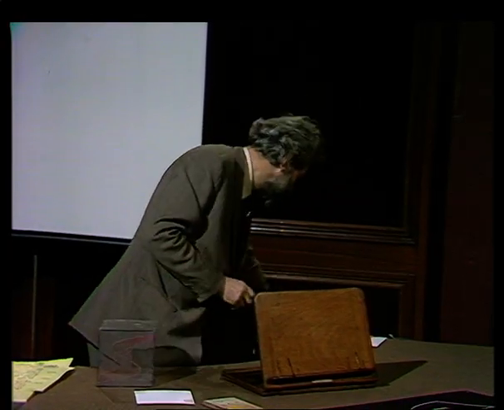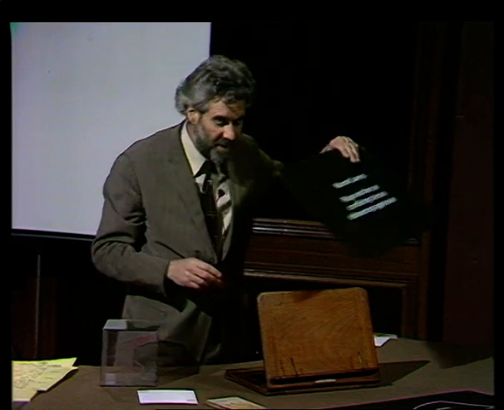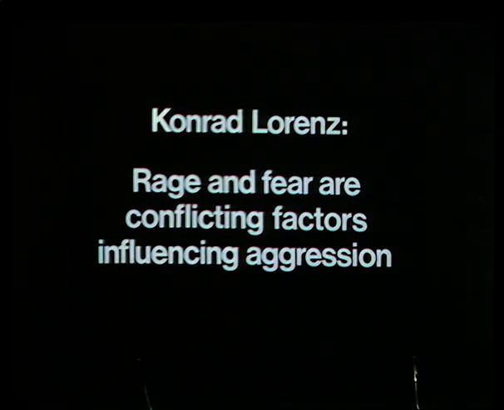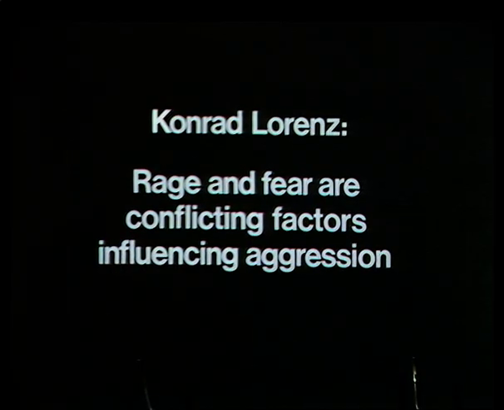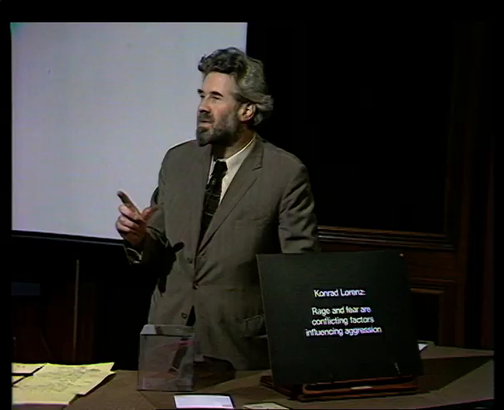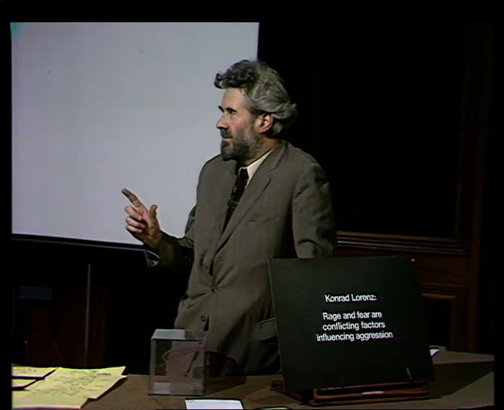And so I want to take a phrase from Konrad Lorenz's book on aggression, where he says, rage and fear are conflicting factors influencing aggression. You see, rage and fear are 2 drives, so these are going to be our 2 control factors.